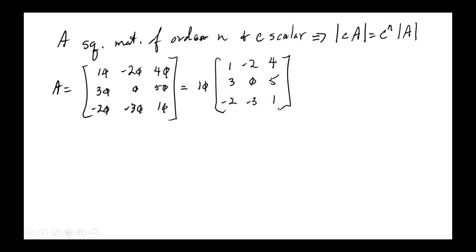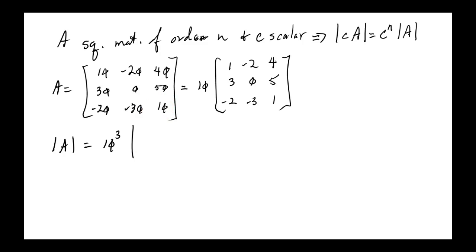Now, if you want to find the determinant of A, according to this theorem, it would be 10 raised to the third power, because that's a 3 by 3 matrix, order 3, times the determinant of what you got left.